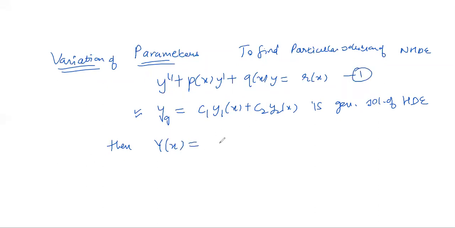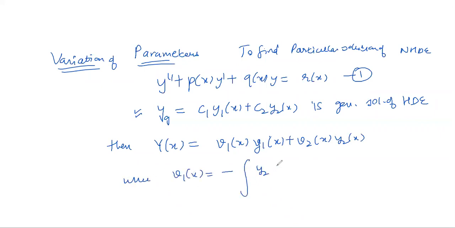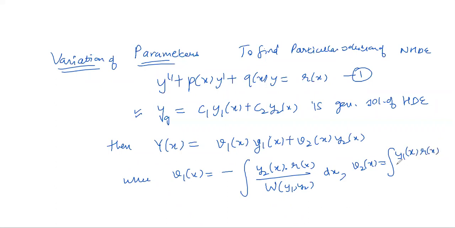which we denote by capital Y, is given by v1(x) y1(x) plus v2(x) y2(x), where v1(x) is the negative of the integral of y2(x) r(x) over W(y1, y2) dx, and v2(x) is the integral of y1(x) r(x) over W(y1, y2) dx.